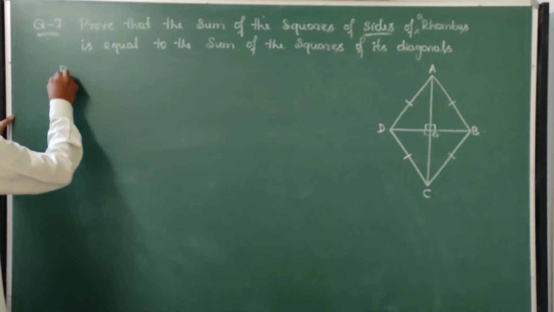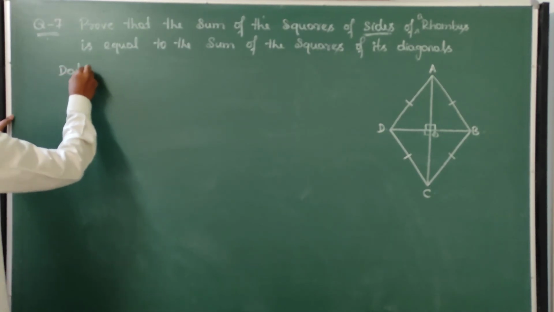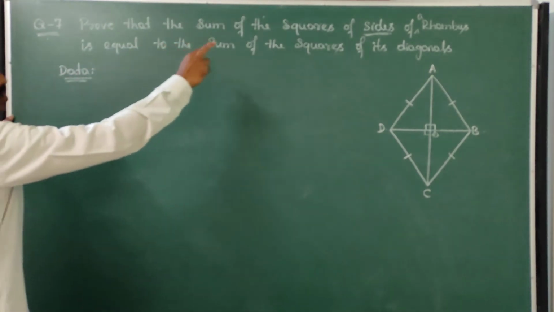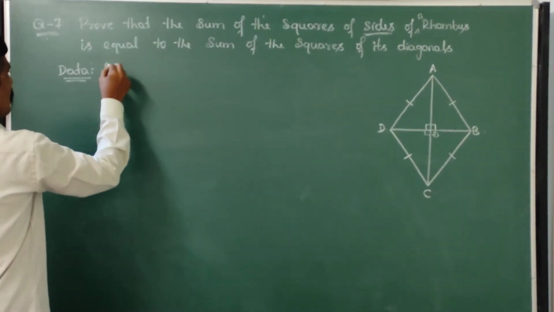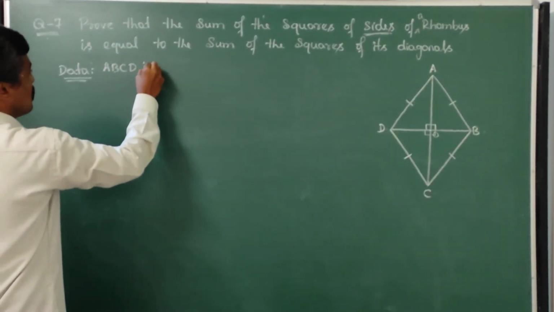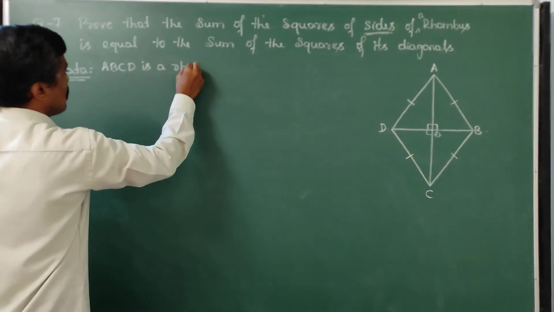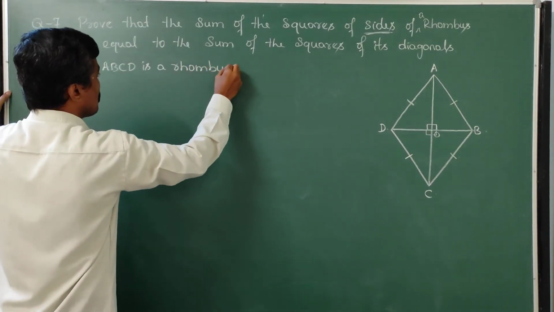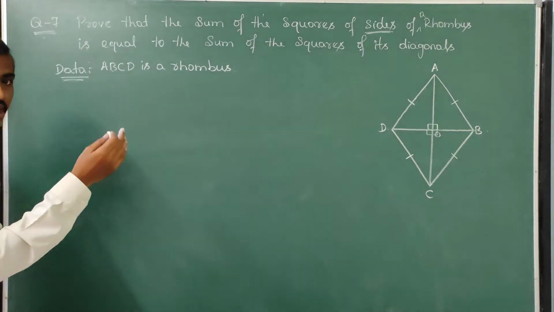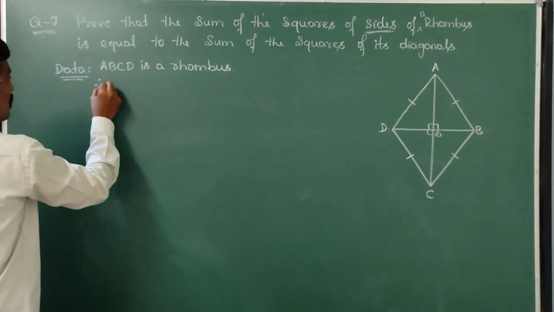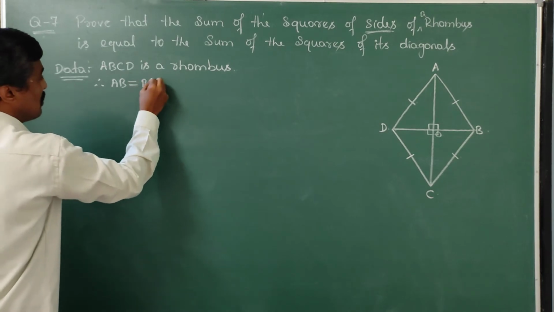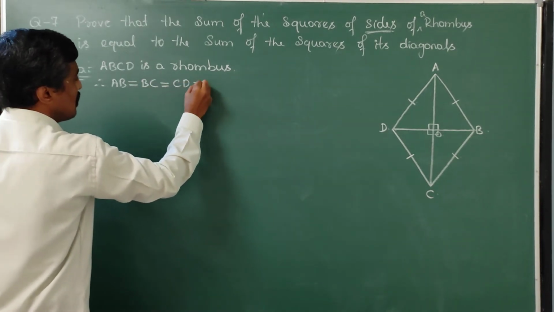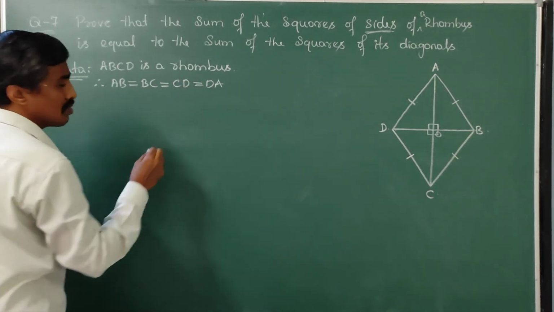So I'll write the data. ABCD is a rhombus. Now I am writing its properties. Therefore AB is equal to BC is equal to CD is equal to DA. All four sides are equal.